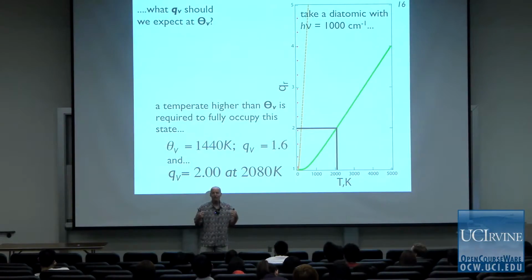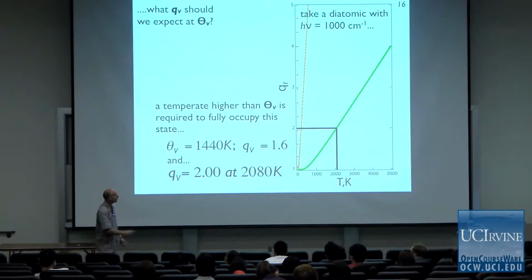Your intuition would tell you if you get to this characteristic vibrational temperature, then doesn't that mean that first excited state should be fully accessible? Shouldn't the partition function be 2? Well, that's what my intuition tells me, but what I'm telling you is that's not the way it actually works. You have to go to a temperature that's higher than this characteristic vibrational temperature to get to that partition function of 2.